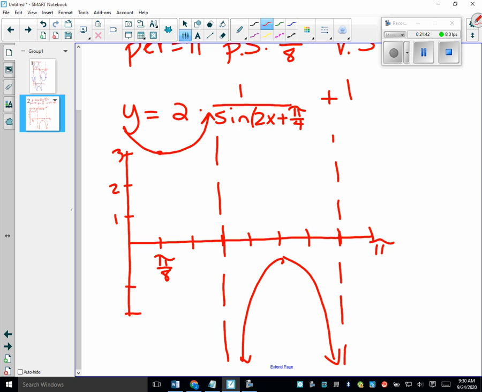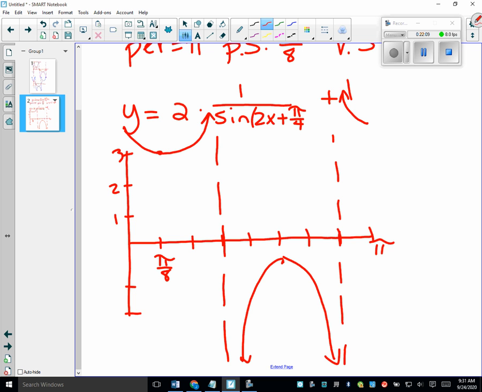Now, we graphed a full period. Aren't I missing a piece of this one? Where would it be? It would be over here, wouldn't it? Didn't I take a piece off of this one right here? So it would be back over here.